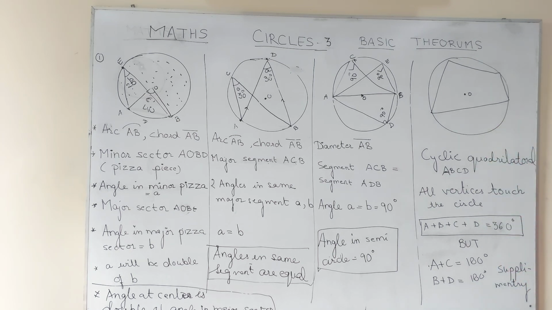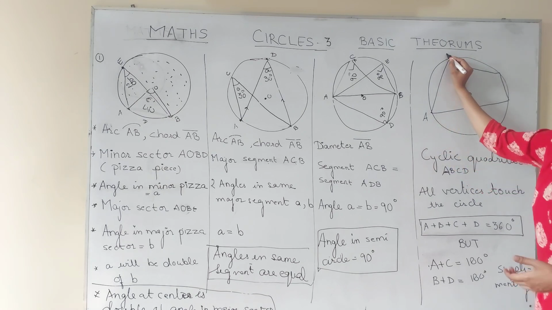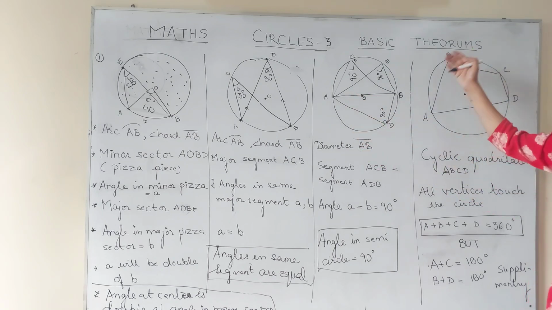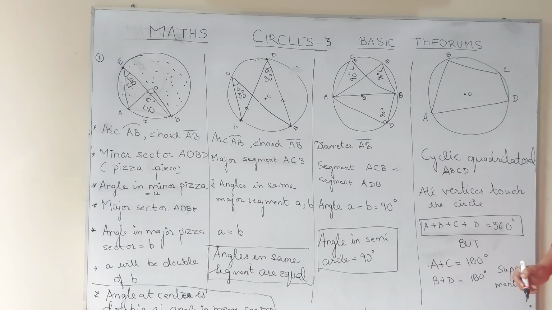Okay, last, a little different from this. Now we have a quadrilateral. We have a circle, obviously, first of all. We are doing the chapter circles. We have a circle with center O. Now we have a quadrilateral. Quadrilateral means four vertices. Essential point: all four vertices should be on the circle. Something like this is not allowed.